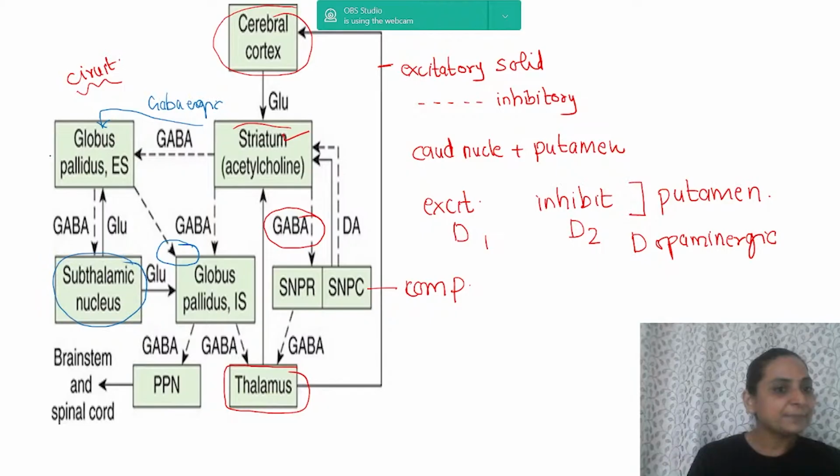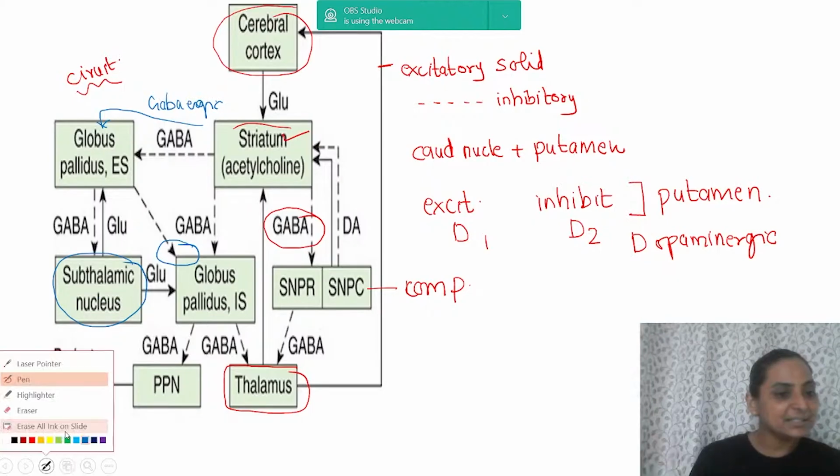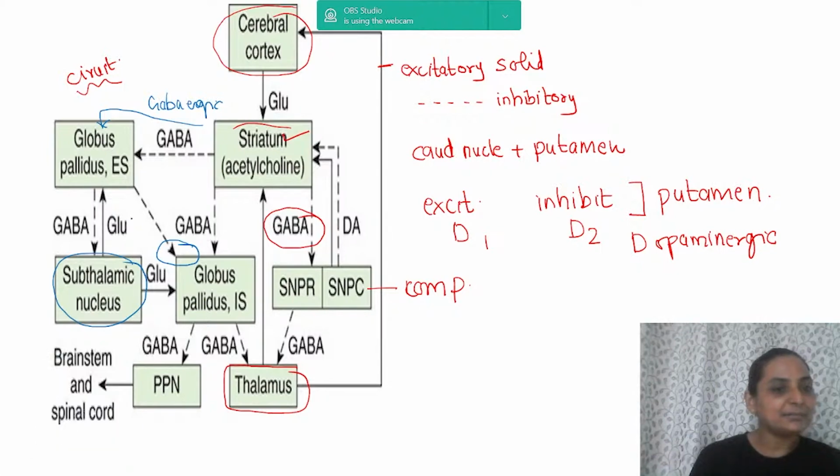But I told you that the subthalamic nucleus is the only excitatory nucleus, and it stimulates both the globus pallidus external segment as well as the globus pallidus internal segment.